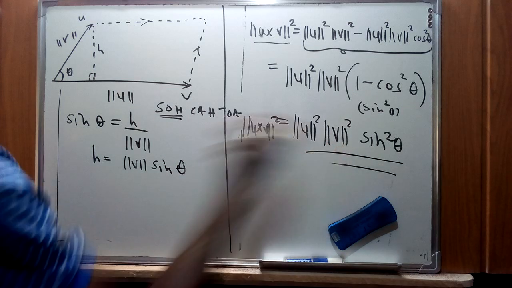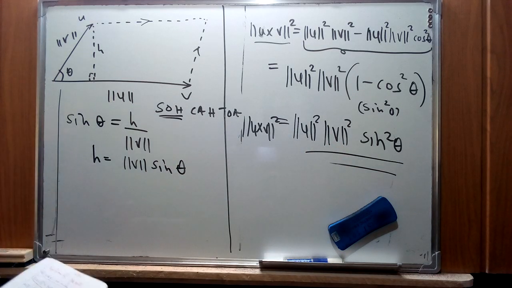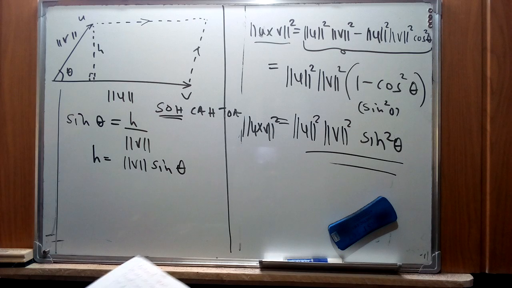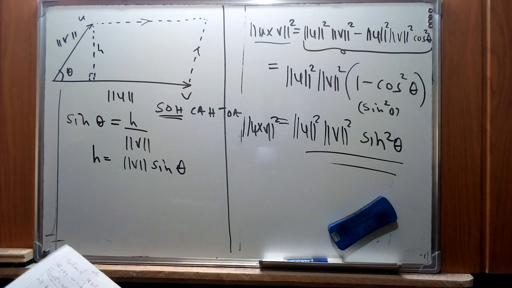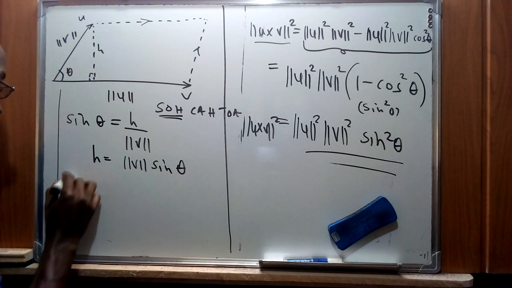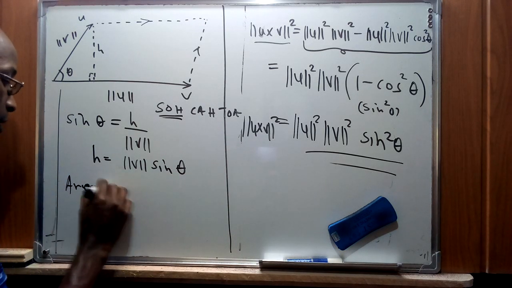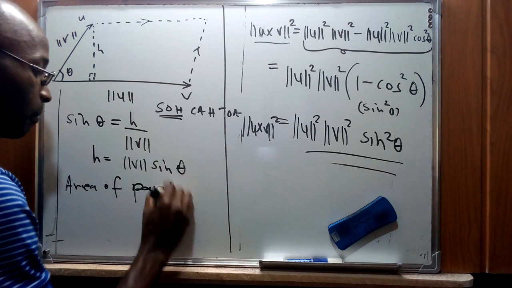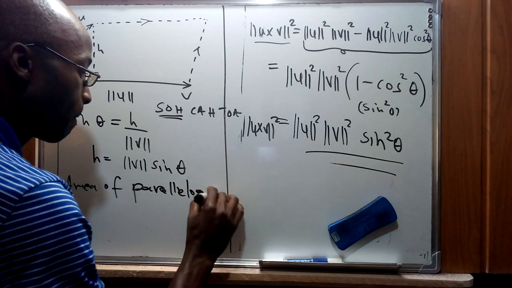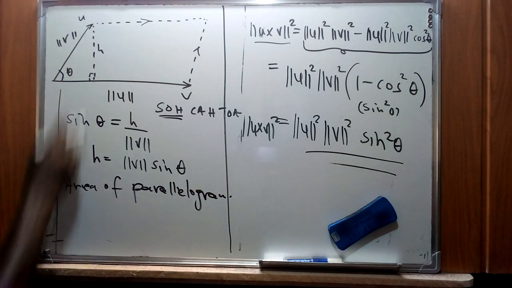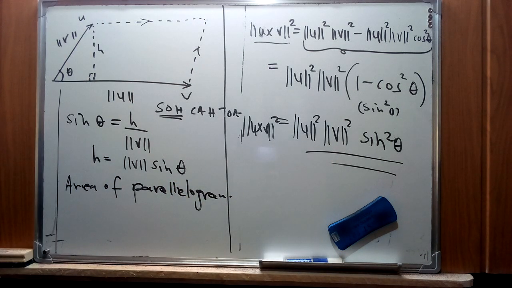I'm trying to create a connection between those specific points. So in this case, we're going to see that the area of a parallelogram can be given as the cross product between this and this vector.